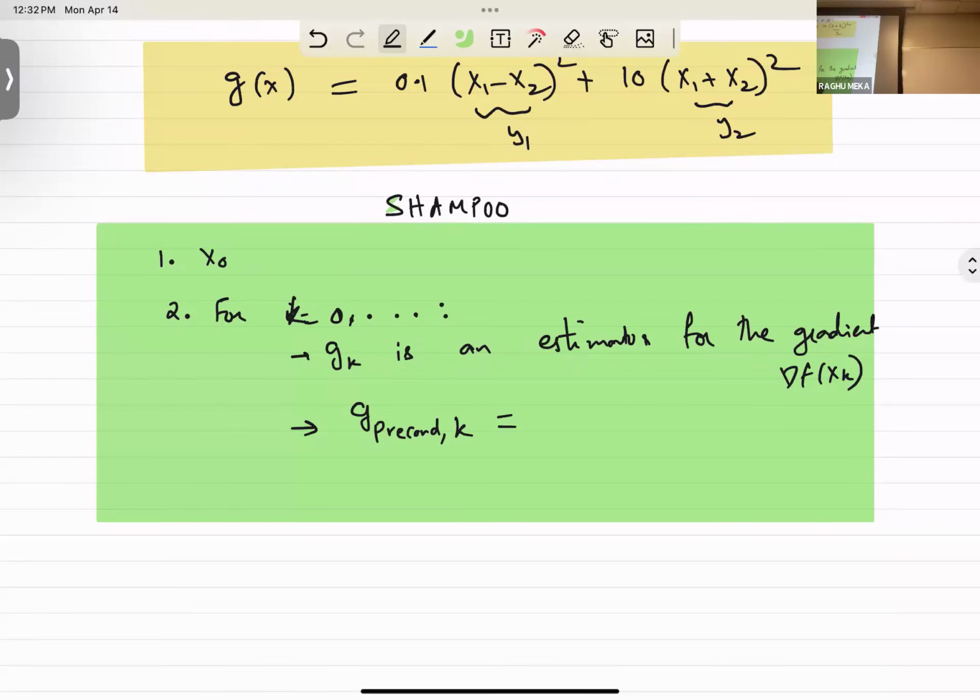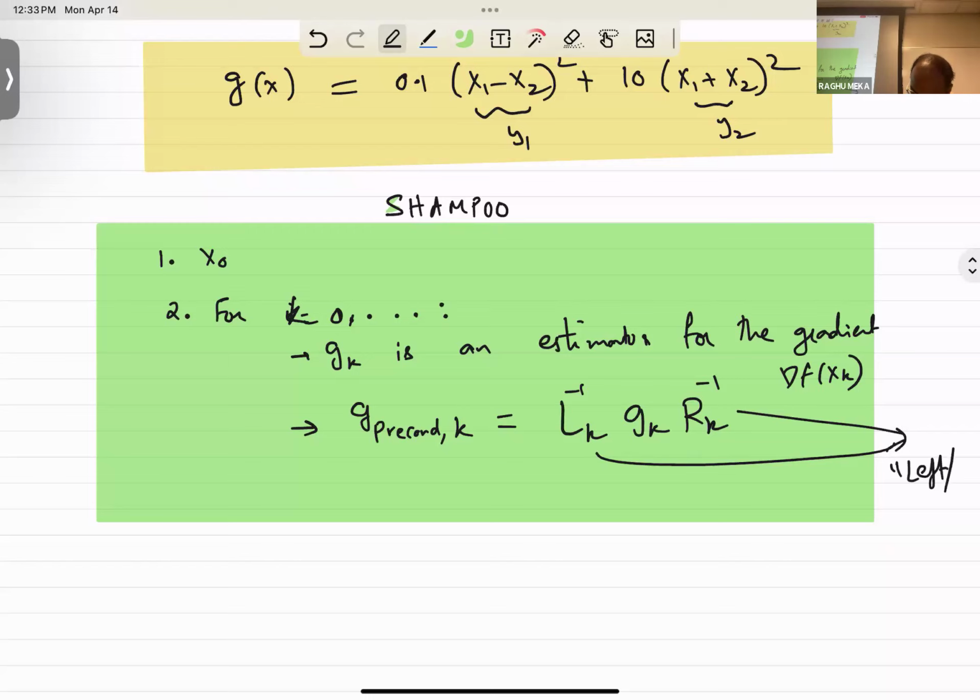If you think of AdaGrad and Adam, they're really scaling each individual coordinate of your gradient by some number. Whereas now I'm going to allow arbitrary rotations. So I'm going to apply some matrix. Typically it's written as an inverse, but the exact form doesn't matter. These are left and right preconditioners.